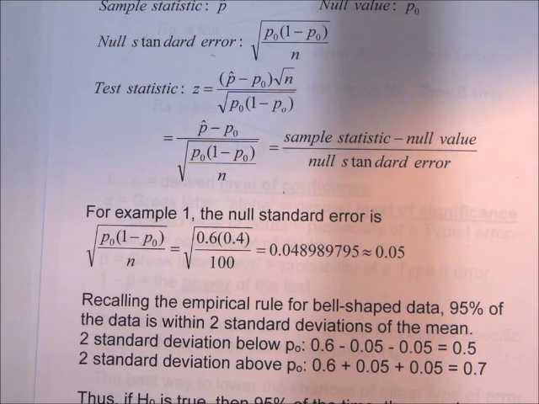So this is one standard deviation of 0.05. So 0.6 minus 0.05 minus 0.05 is 0.5, and 0.6 plus 0.05 plus 0.05 is 0.7. So that means if H naught is true, 95% of the time the sample statistic would be between 0.5 and 0.7. So if H naught is true, then a sample statistic of 0.75 would be unusual.